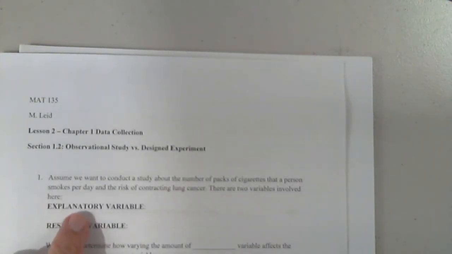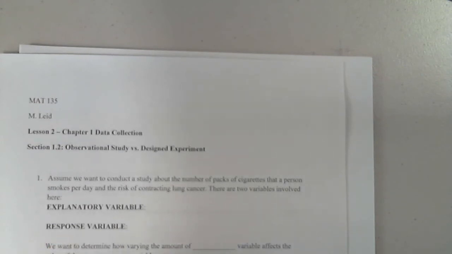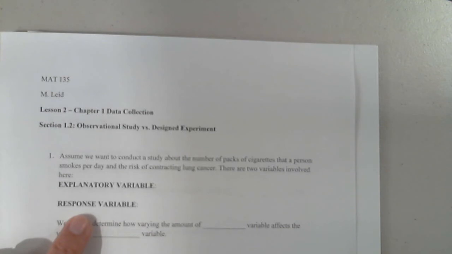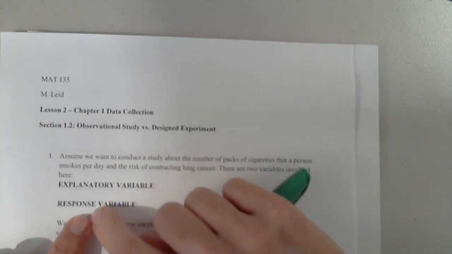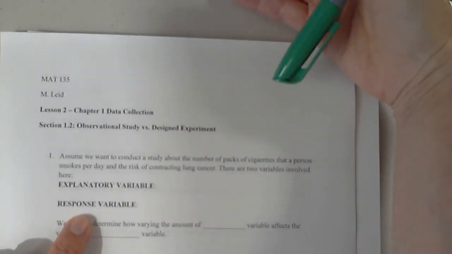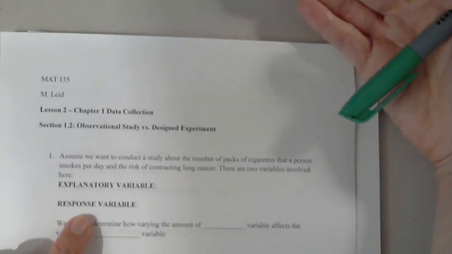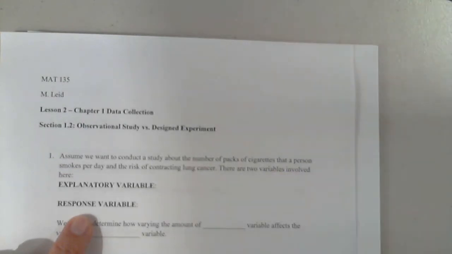When we say explanatory and response. Response will trigger the explanatory. Careful. The response has to have an explanation. If somebody gets a disease, normally it is explained by something. It was created by something.